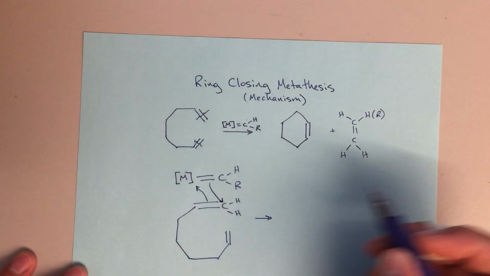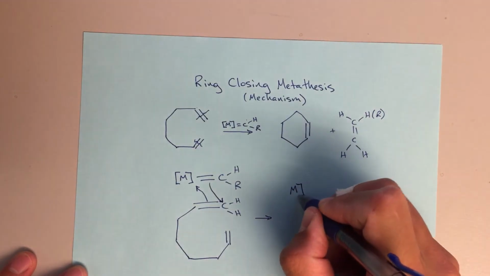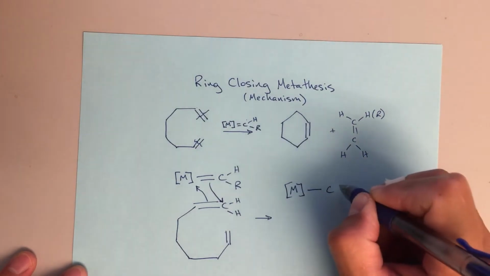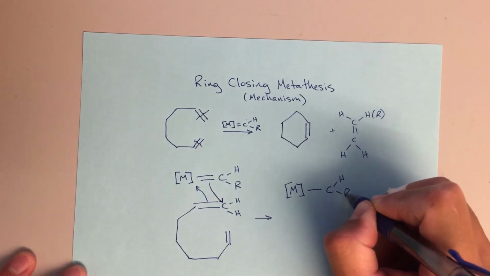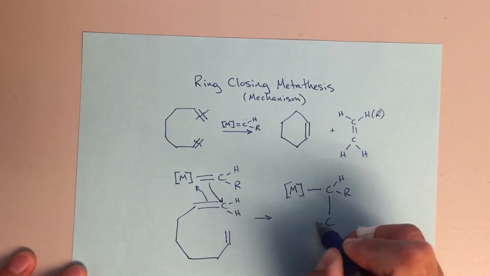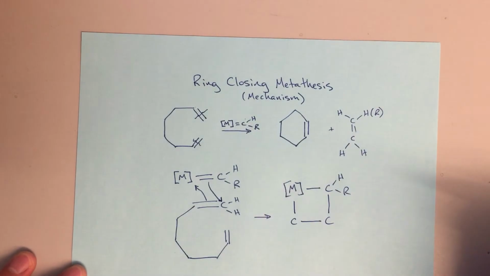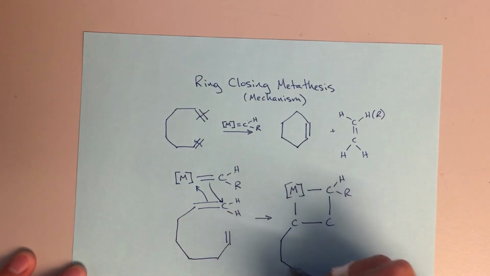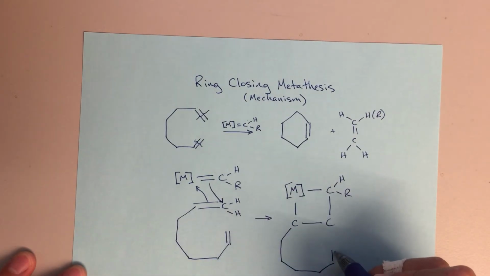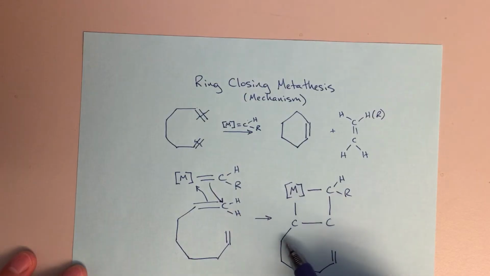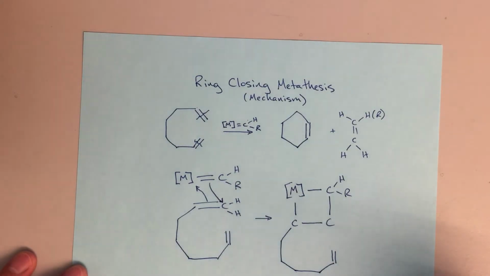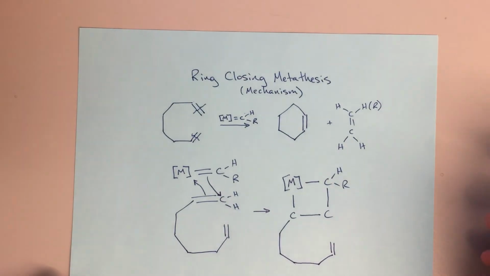Our intermediate is going to have this four-membered ring box, if you remember that from earlier. Again, 1, 2, 3, 4, 5, 6, 7, 8. So just make sure you're counting your carbons and you've got all of them accounted for.